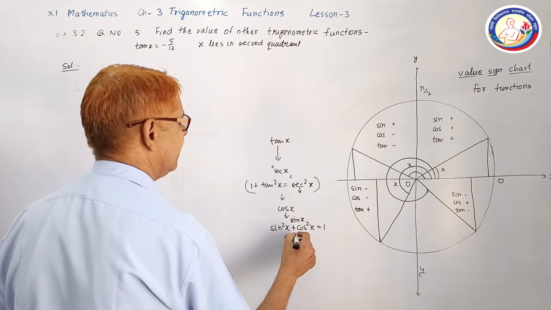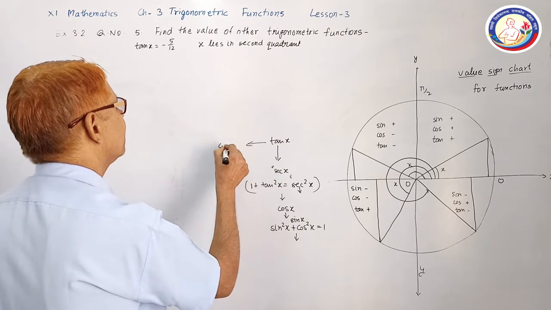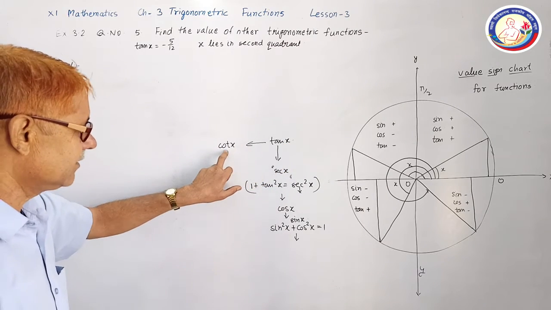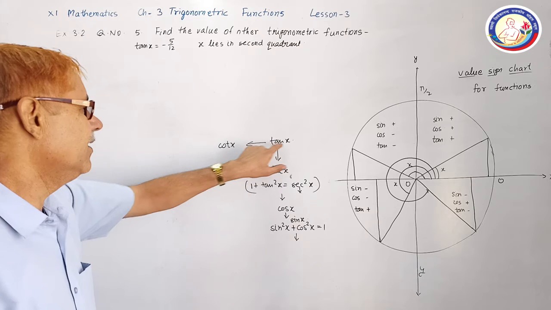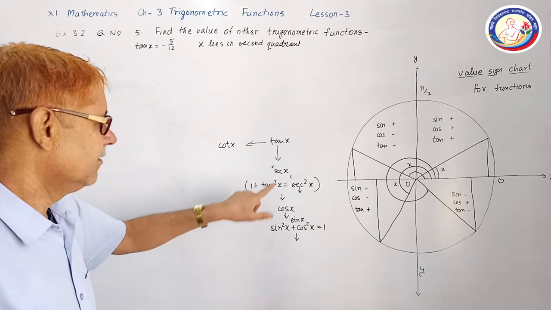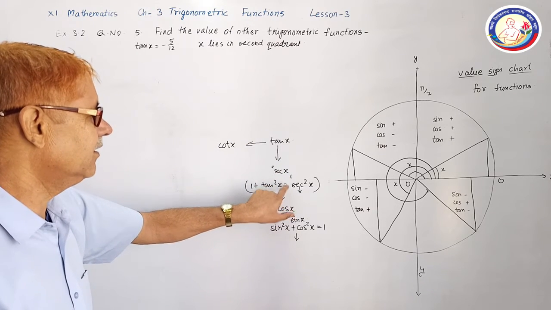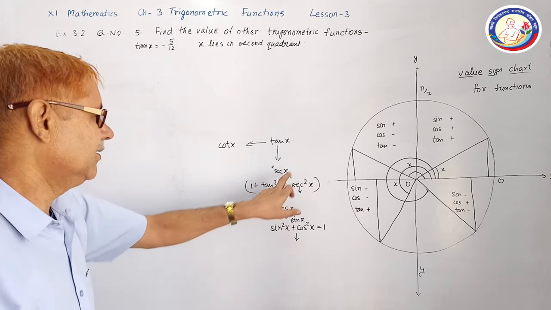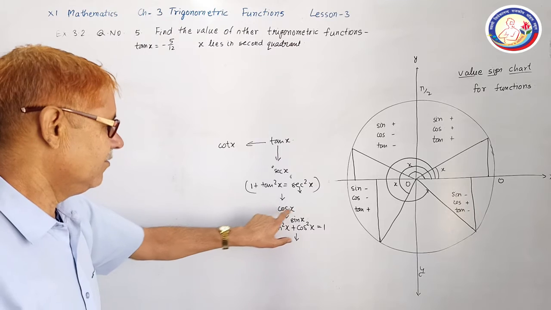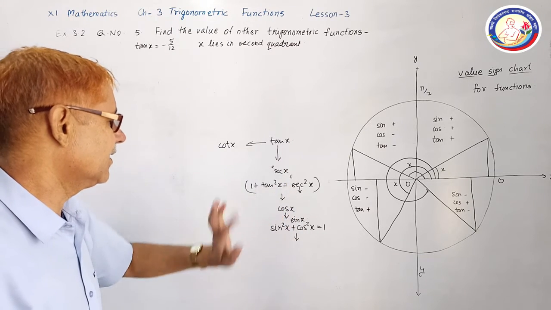Cos x to sin x, and here we can find cot x directly. So tangent x to cot x easily by dividing 1 by the value of tangent x. Then using this identity we can find sec x. If sec x is known, then we can write the value of cos x by dividing 1 by sec x.